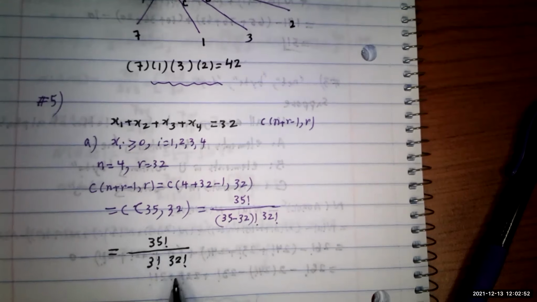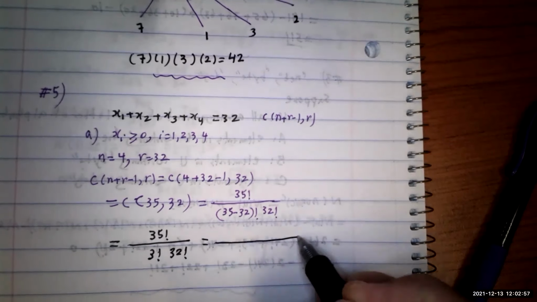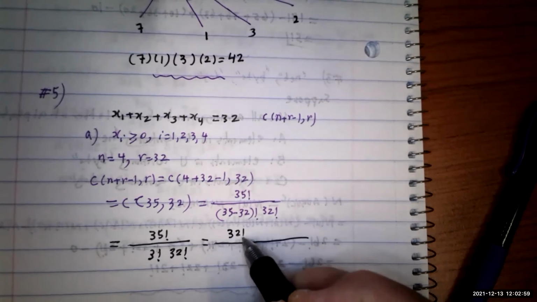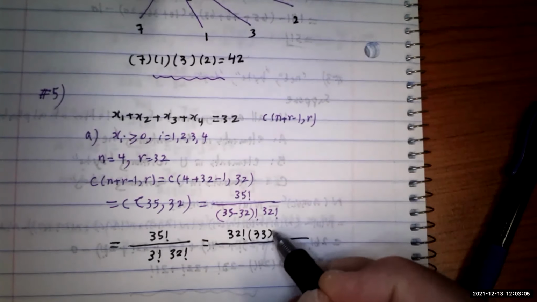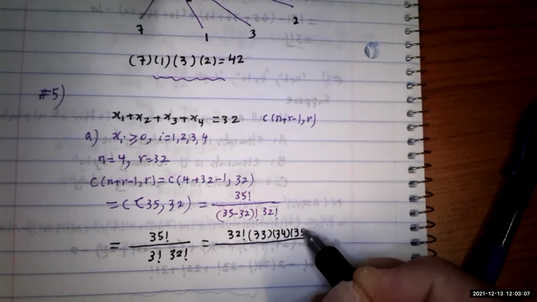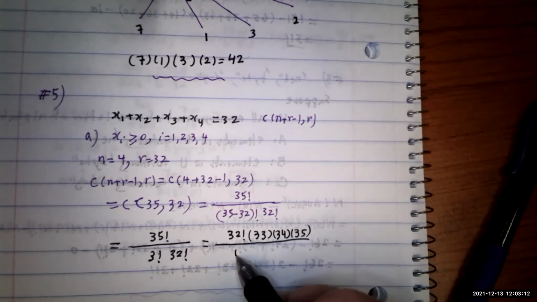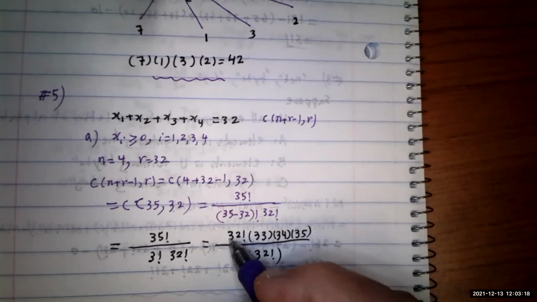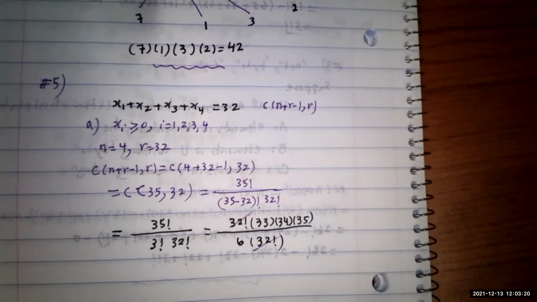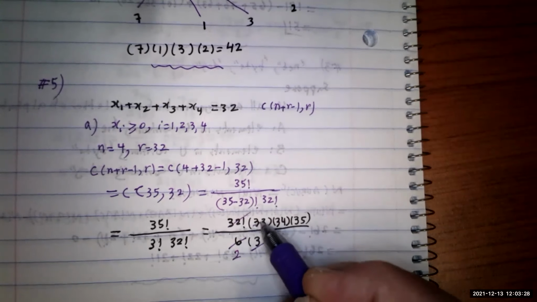You break the top one at 32 factorial to simplify it. You stop at 32 factorial, then you have to go up to 35. So this is going to be 33, 34, 35. And the bottom one, 3 factorial, is going to be 6. 6 times 32 factorial. Now 32 factorial and 32 factorial will cancel out. Then you'll be able to take care of the top. For example, you can simplify by 3, that gives you 2, that gives you 11.